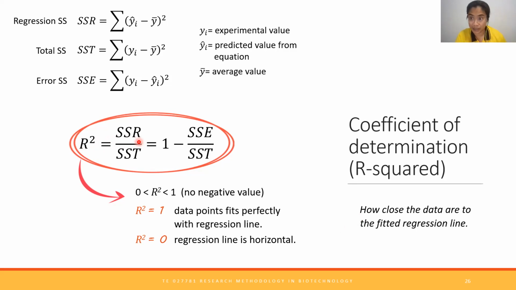I'll explain a little bit later. I just want to show you that it comes from the equation. So R-square is the ratio between regression sum of square and total sum of square, and it could be translated into 1 minus sum of square of errors divided by sum of square of total. So that's how the formula goes.